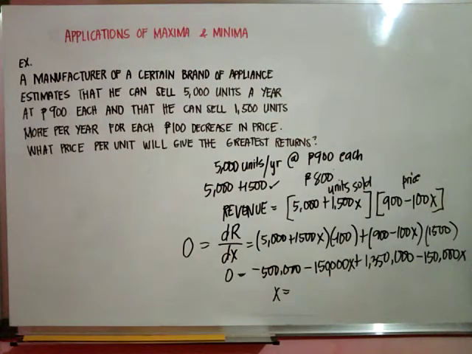So 0 is equal to negative 500,000 minus 150,000x plus 1,350,000 and then minus 150,000x times x.